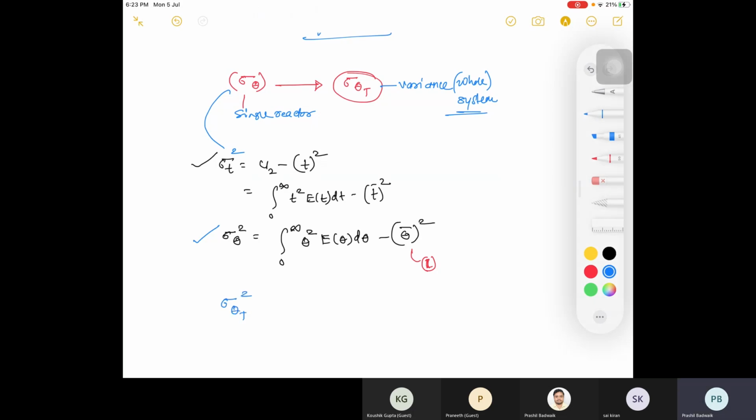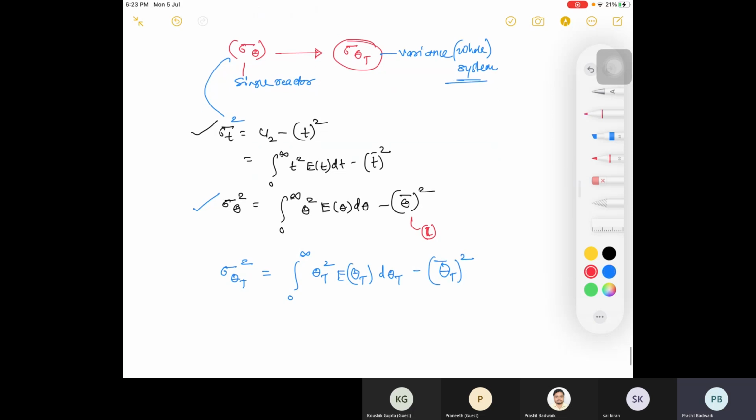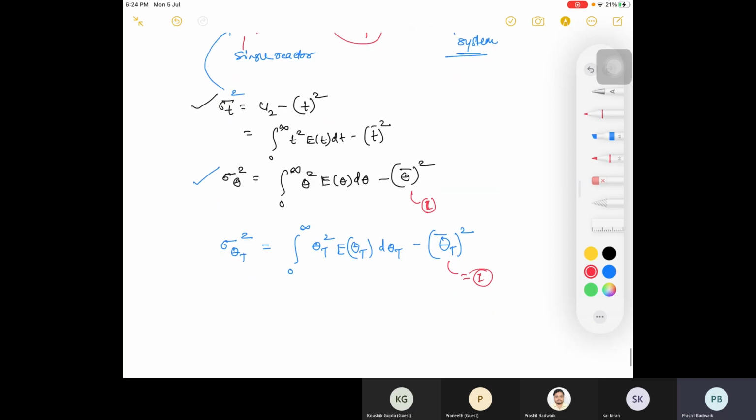Sigma theta t square is the integration from 0 to infinity of theta t whole square E theta t d theta t, minus theta t mean whole square, and you know theta t mean is also equal to 1. For any system it is 1 because you have the mean point at 1.